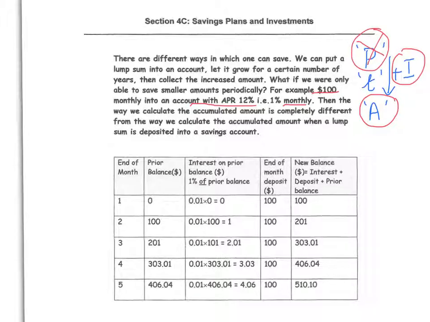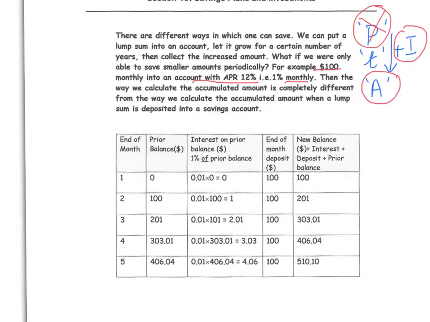Now you can see that we don't have a lump sum. Every month, the amount on which the interest is calculated keeps changing. Every month we keep adding $100. So the calculations are a little complicated. So let's see how this goes.